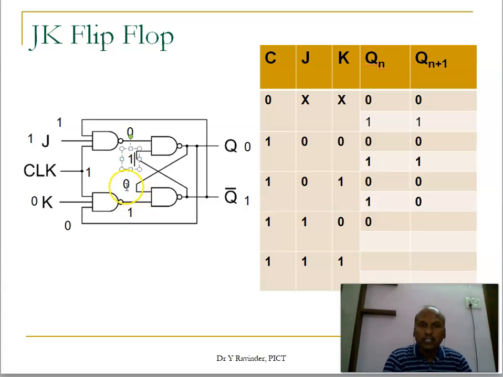Now because of this 0 and 1, this is Q, what we have assumed, Qn is 0. So Qn is 0. So this is 0.